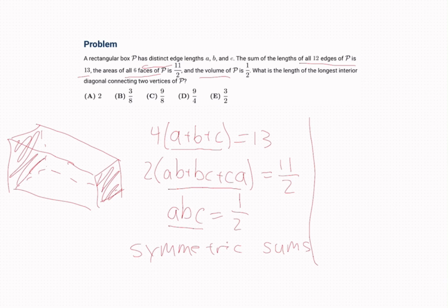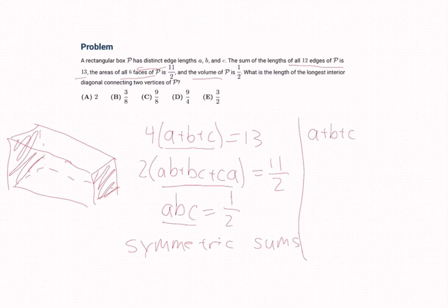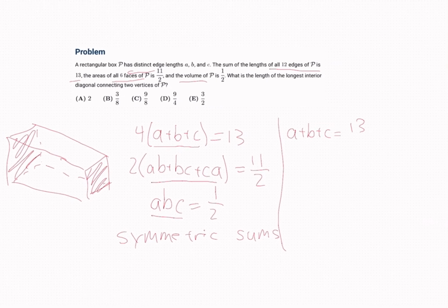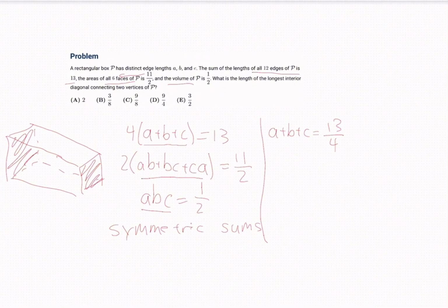So, we can first remove the coefficients there. So A plus B plus C equals 13 over 4. And if you remember Vieta's, that is negative b over a. And then AB plus BC plus CA equals 11 over 4, which is c over a with Vieta's. And ABC is 1/2. In other words, it is negative d over a with Vieta's.